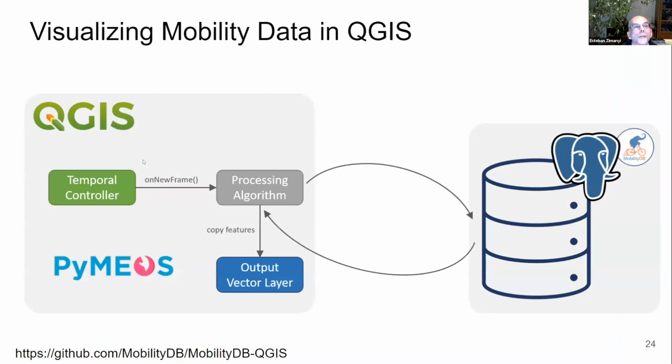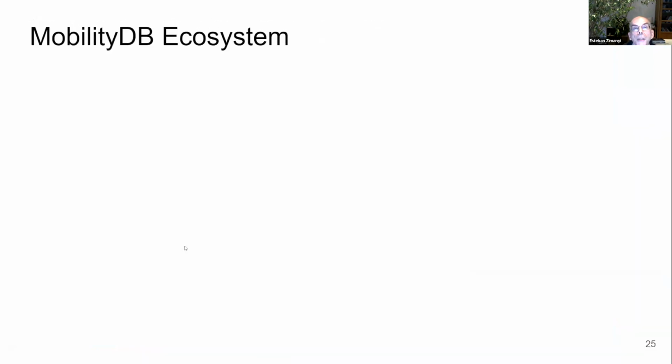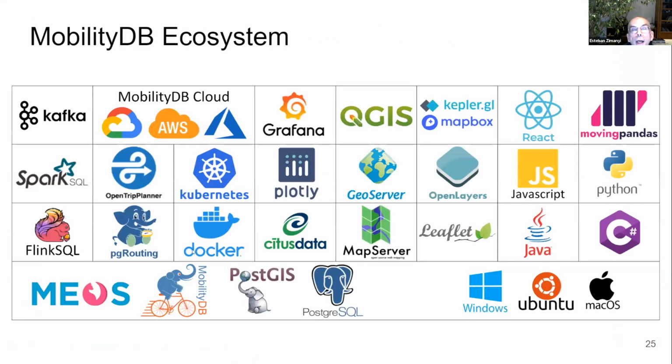As you know, in QGIS, the only language we can use is Python, and we cannot afford, every 24th of a second, to ask PostGIS to compute the next frame. So we need to prefetch some data from the database and do all the computations in Python, and this is with PyMEOS.